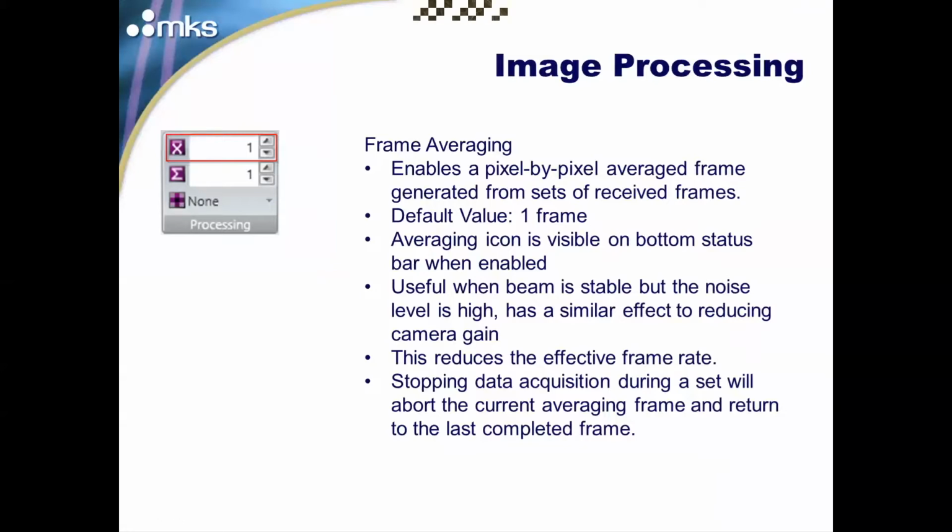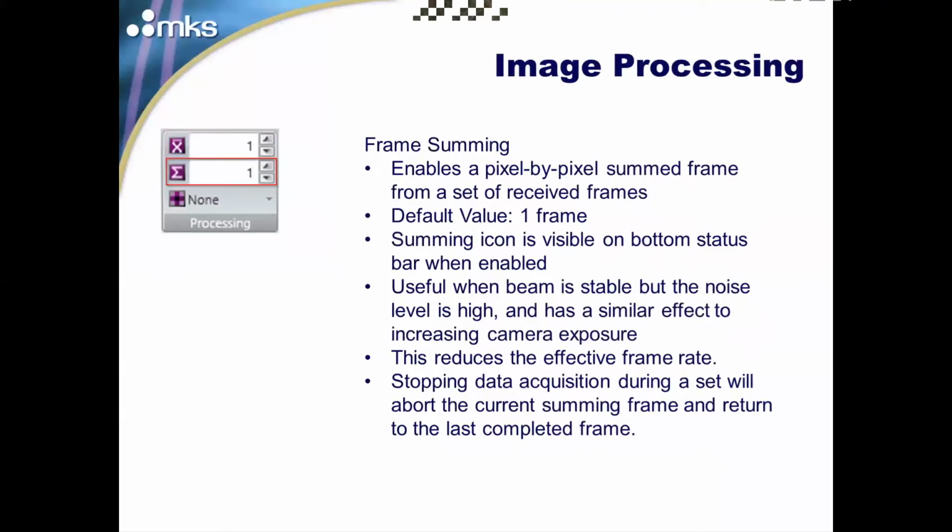It's also important to note that if you're doing frame averaging of 10, and then you stop the data source before that next frame is ready, because it was collecting frames from the camera, it got 8 frames, but you stopped the source, it couldn't complete that averaging set, and BeamGage will just back up to the last frame that did complete. So I hope that makes sense. If you don't finish the averaging set, it just rolls back one step.